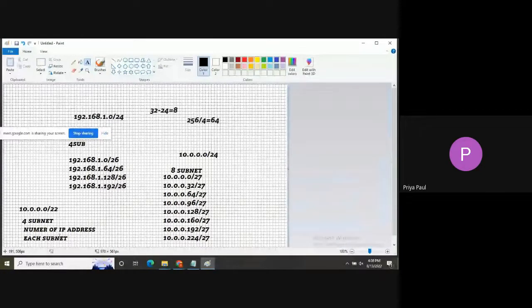One 28. So how do you calculate? 32 minus 22, that is 2 to the power 10. We want to divide it by 2 to the power 2. So 2 to the power 10 minus 2, that is 2 to the power 8, that is 256. Just check it again.